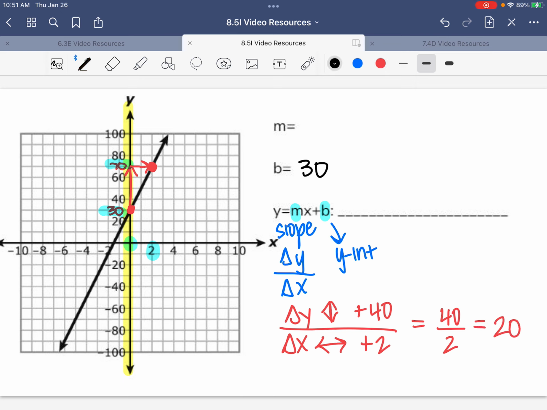And if I know slope and I know y-intercept, then I can write them together in an equation. y equals mx plus b. So y will equal 20 times x plus 30. All right, guys, thanks.